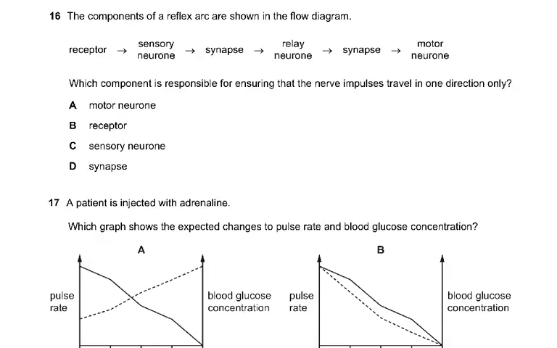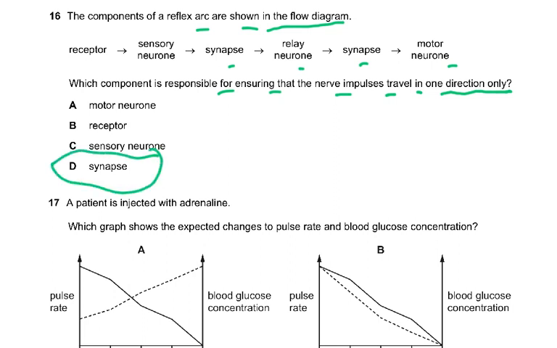The components of a reflex arc are shown in the flow diagram: receptor, sensory neuron, synapse, relay, synapse, motor. Which component is responsible for ensuring that the nerve impulse travels in one direction only? Synapse. You see, the synapse ensures that it all moves in one direction. So it goes sensory to relay, then relay to motor.